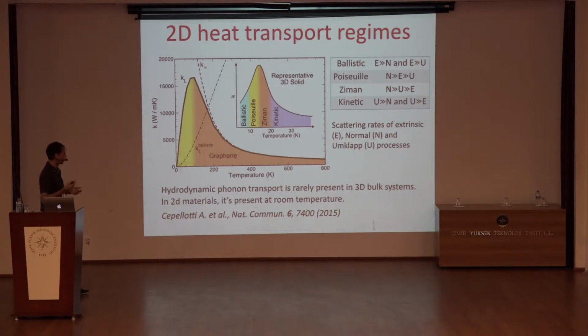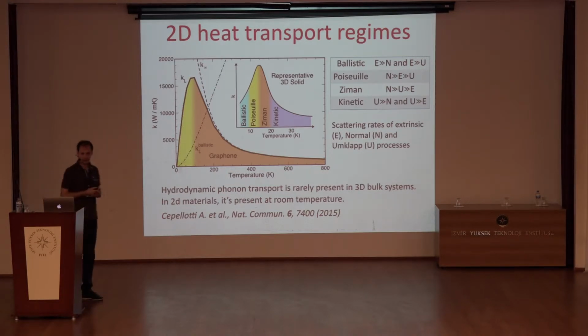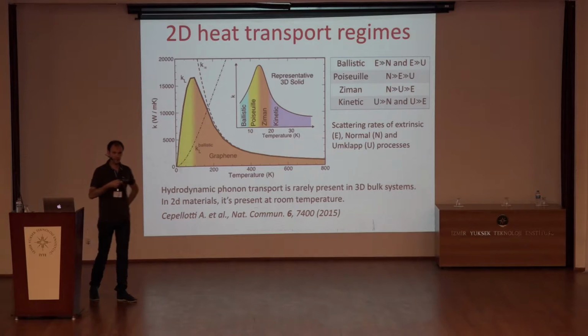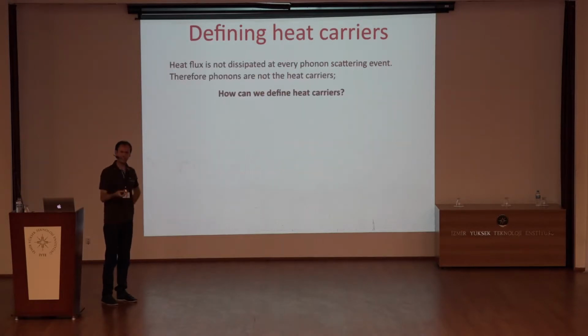And I think tomorrow we're going to hear about some other consequences of these transport regimes. So now what I'm going to focus on mostly is that we have to deal with conditions in which there are a lot of normal processes, normal processes that don't dissipate heat flux.